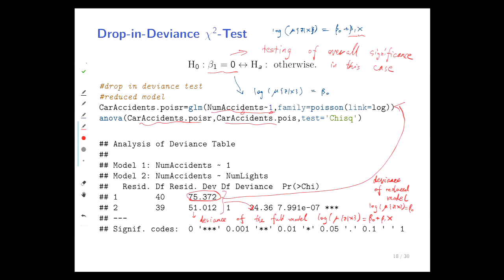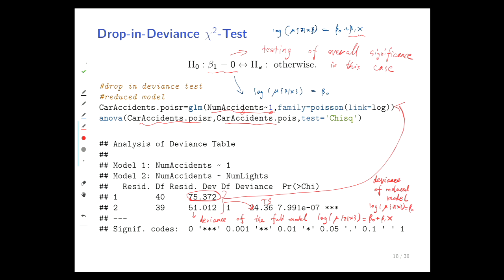The difference here is our test statistic, and by using the test statistic, we can compute the p-value. Here the p-value is smaller than 0.05, so we should reject the null hypothesis. That means x, the number of traffic lights in each county, is actually useful in explaining the number of car accidents.